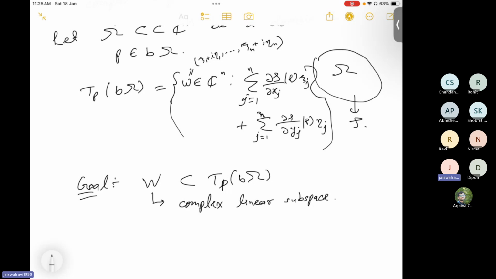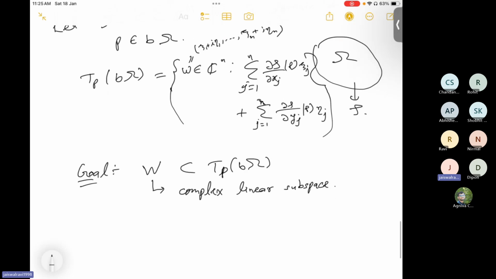So how do we find or define this type of W?